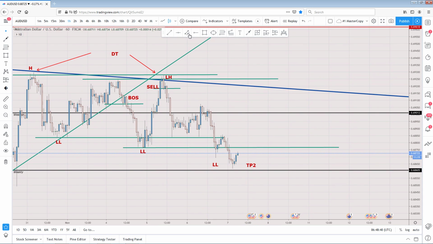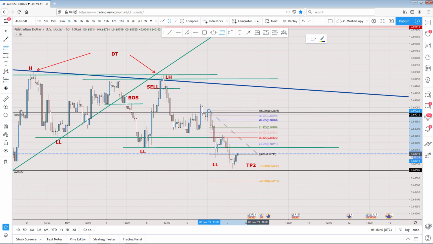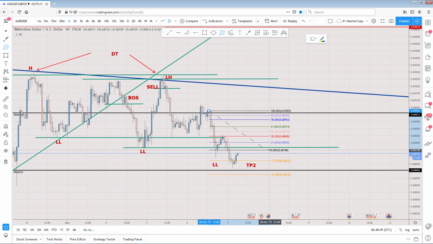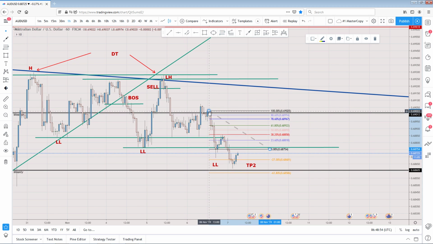So we go from here down to, so you can either go wick to wick or body to body. Play around with them both.